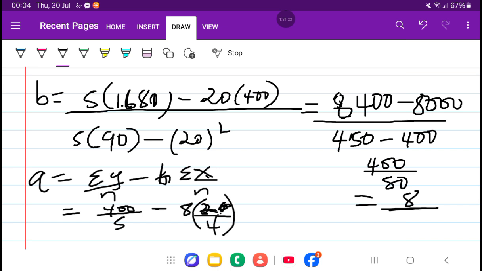So the first one is 80 minus 8 into 4, that is 32.